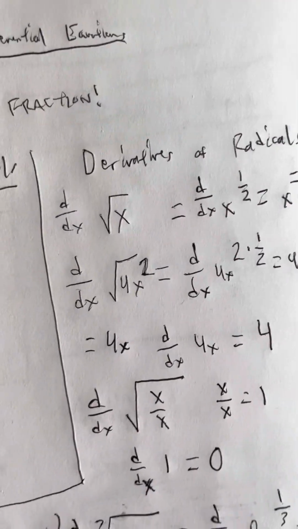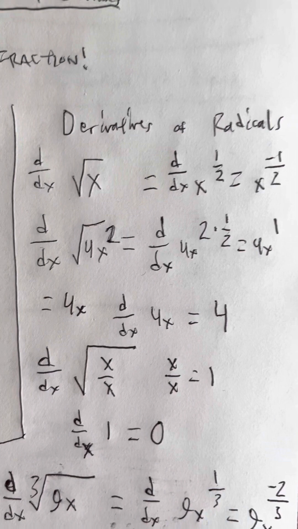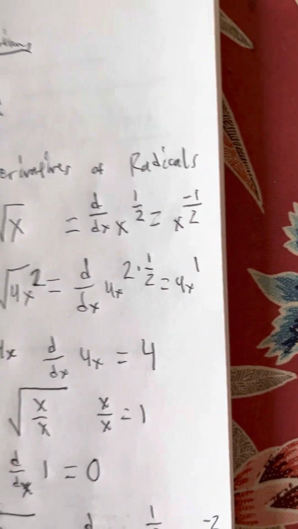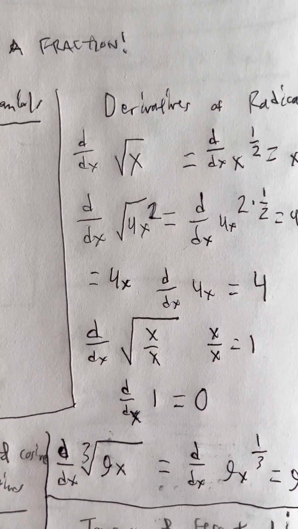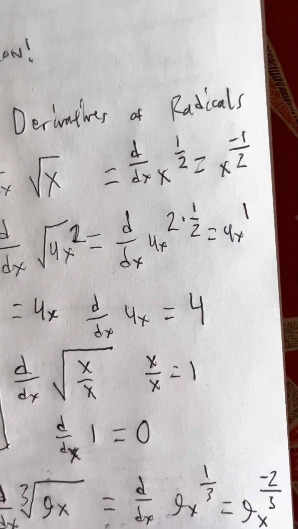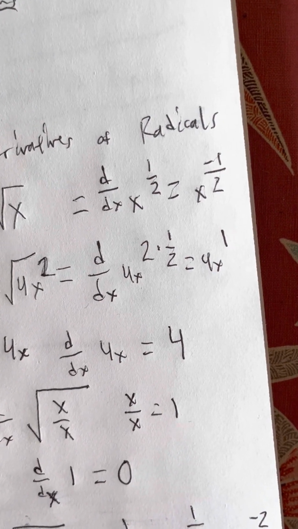Derivatives of radicals. This is radical. d over dx of rad x. x to the 1/2 is what it really is. x to the negative 1/2 because you're taking away 1 degree. 4x squared. 4x, 2 times 1/2. 4x to the 1.